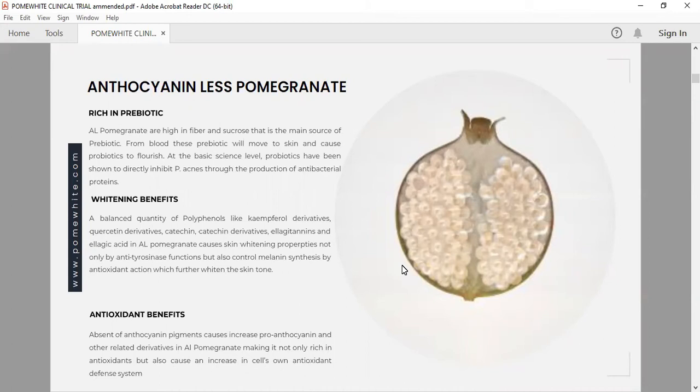Another very important effect that is closely related to the whitening benefit is the antioxidant benefit. The antioxidants are already increased due to the presence of these derivatives of flavonoids in the anthocyanin-less pomegranate. But along with that, once these pomegranate constituents get absorbed into the cell, they trigger the cell's own machinery to produce antioxidants.